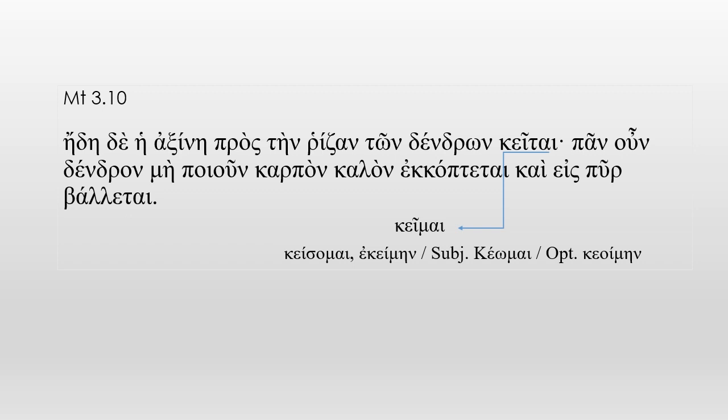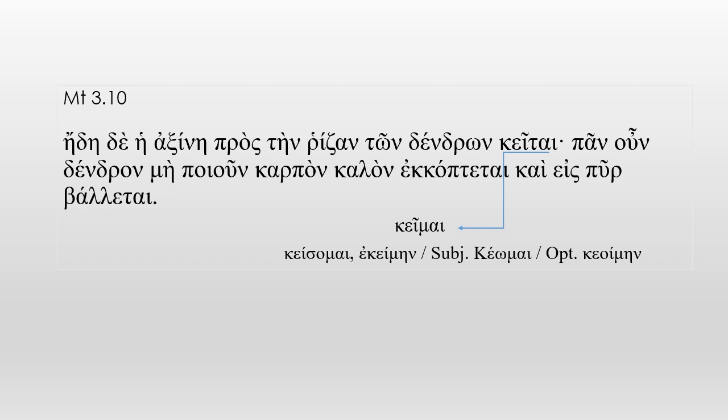Pros indicates the direction, or towards. So towards the root of dendrôn, which means the trees, so the roots of the trees with the plural. So the one single axe is towards the root of the trees. That's interesting, isn't it? It's lying there. That's what the first sentence means.